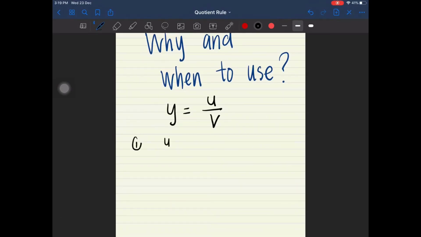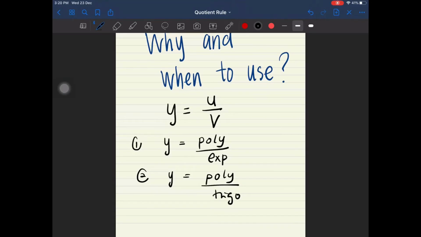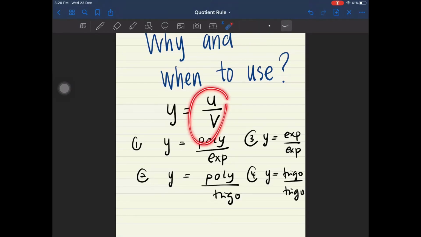It can either be a polynomial with an exponential function, or a polynomial with a trigonometric function, or you might also have an exponent with an exponent, or a trigonometric function with a trigonometric function, and so on. As long as your y is in terms of a fraction.